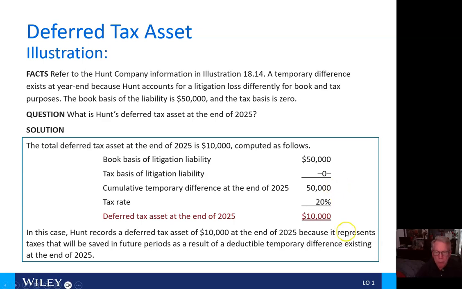Our tax rate's 20% again, so our deferred tax asset at the end of 2025 is $10,000. So in this case, Hunt records a deferred tax asset of $10,000 at the end of 2025 because it represents taxes that will be saved in future periods as a result of a deductible temporary difference existing at the end of 2025.